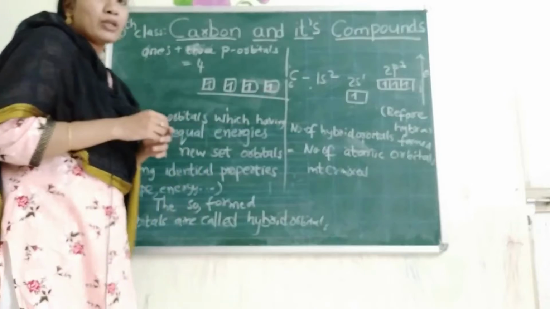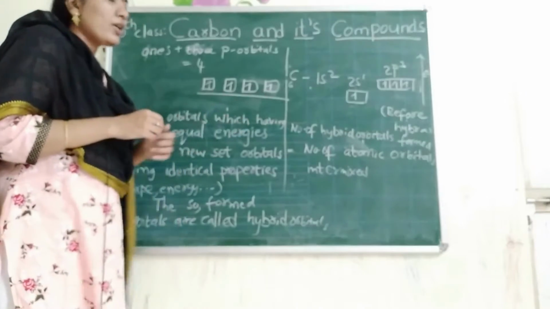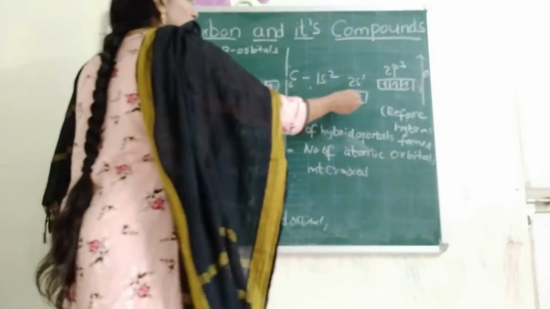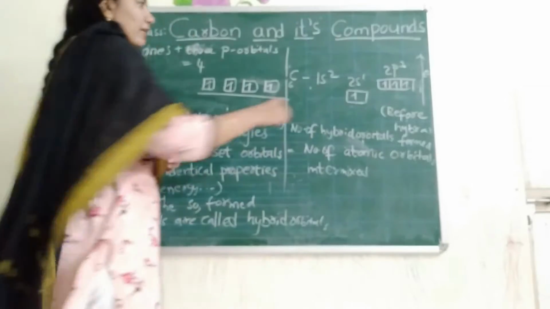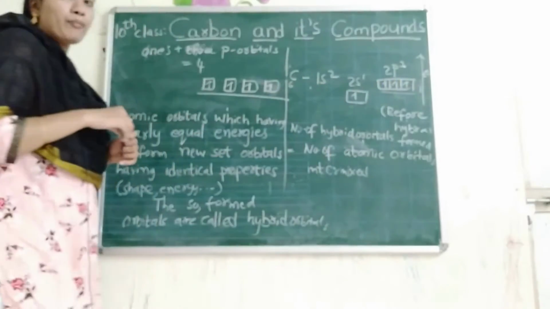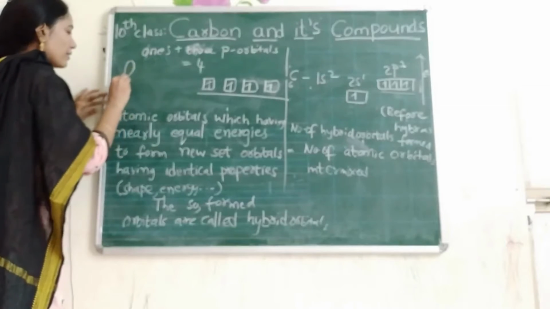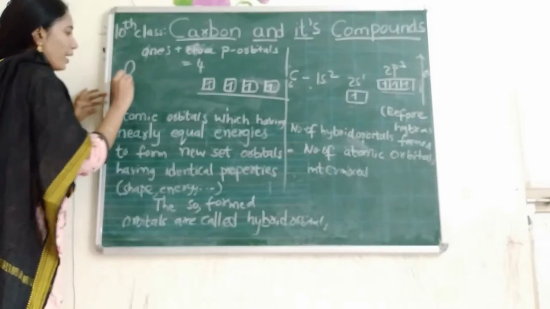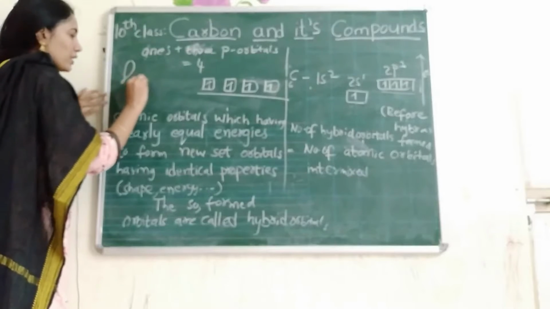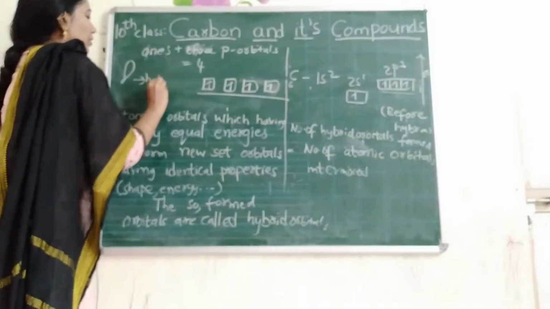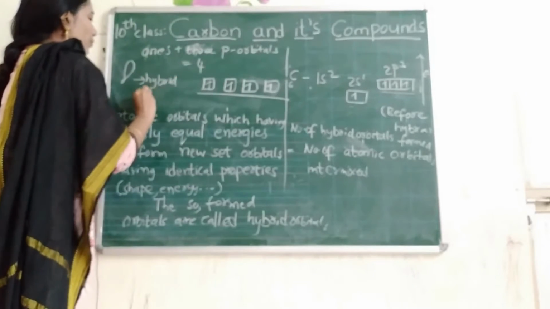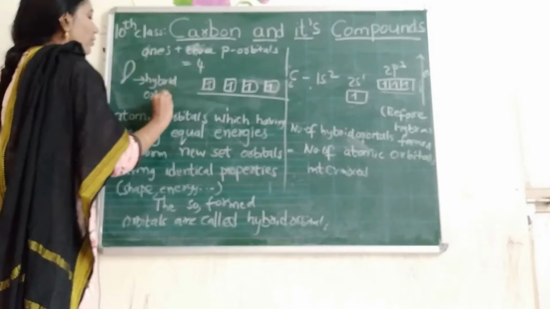These 4 hybrid orbitals have the same energy and the same shape. Before hybridization the shape of the s orbital is spherical and the shape of the p orbitals is dumbbell. After hybridization the shape is like this: a small lobe and a big lobe. This is the shape of a hybrid orbital.